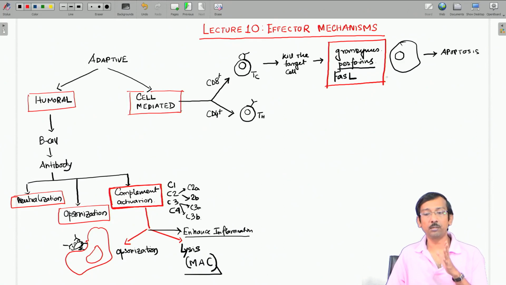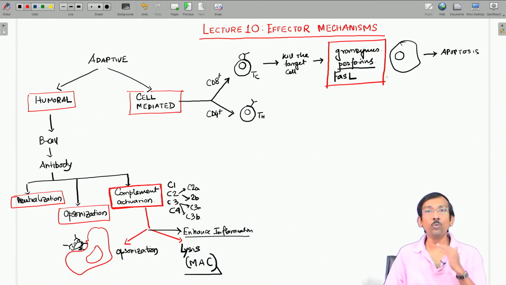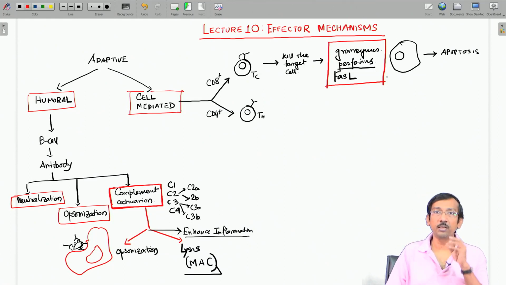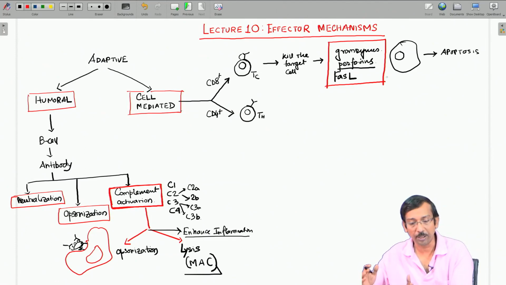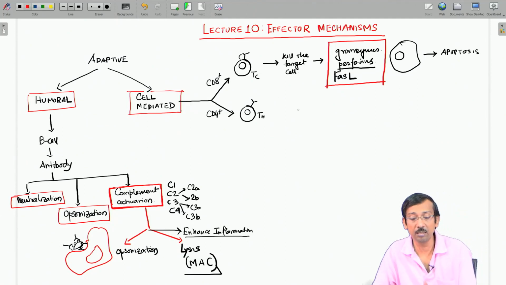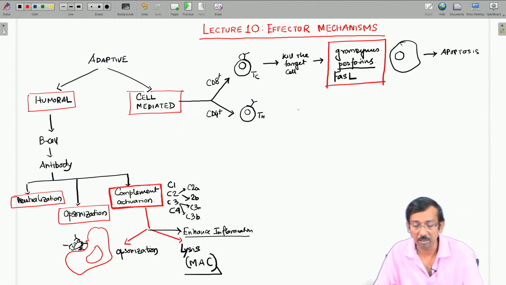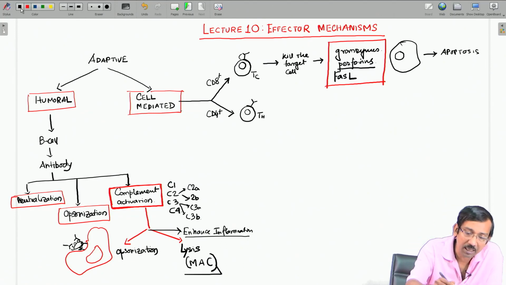You will be learning about these in more detail in later lectures. For the time being, we are just trying to understand the different effector mechanisms that work in the whole immune pathway. These are basically the weapons of the immune system. And then we come to the T helper cells.